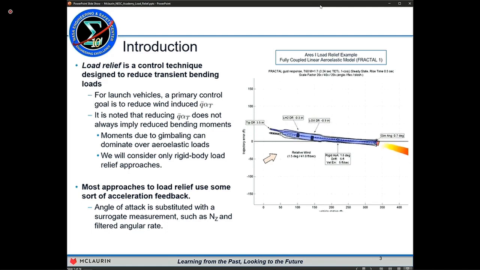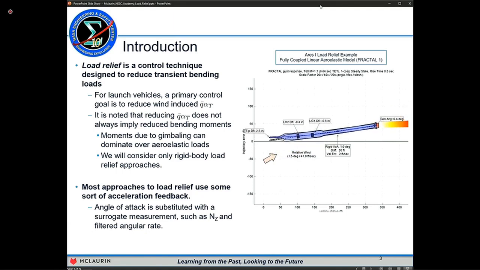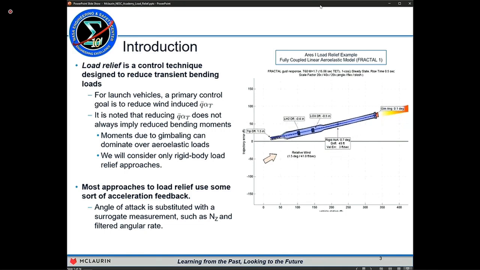If you're familiar with missile aerodynamics versus aircraft aerodynamics, alpha total is just the RSS incidence angle, or the root sum square of alpha and beta. So it's the total angle of attack of the vehicle with respect to the incident wind.